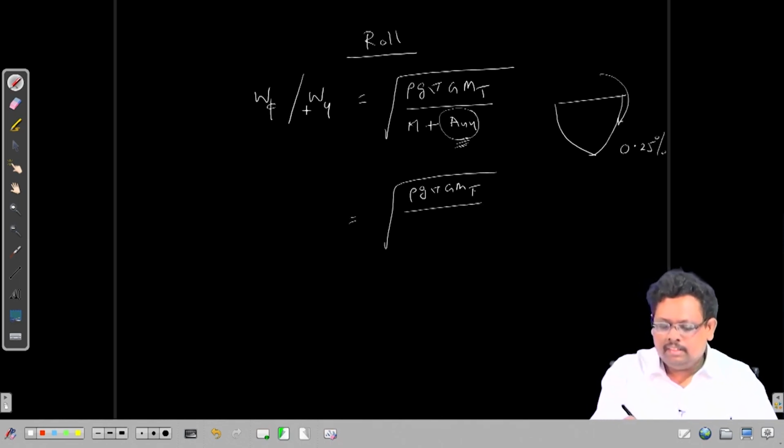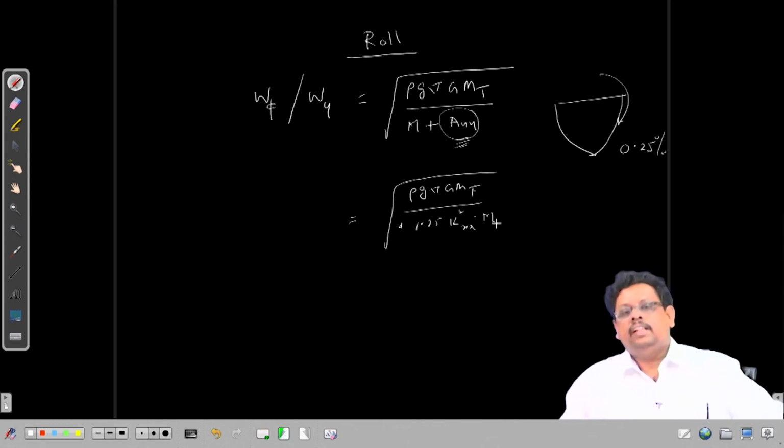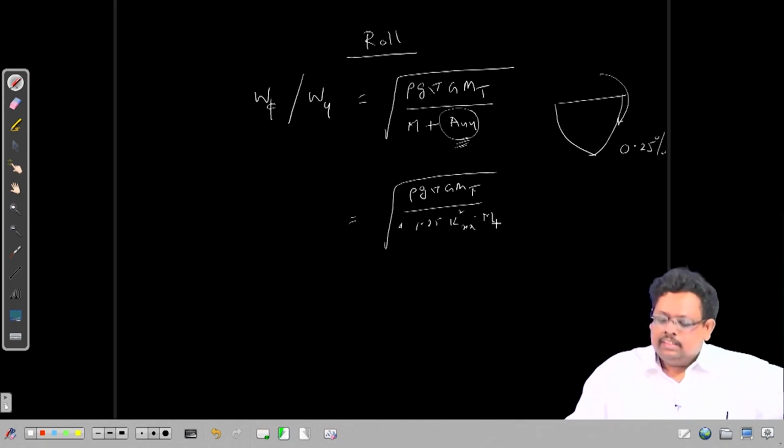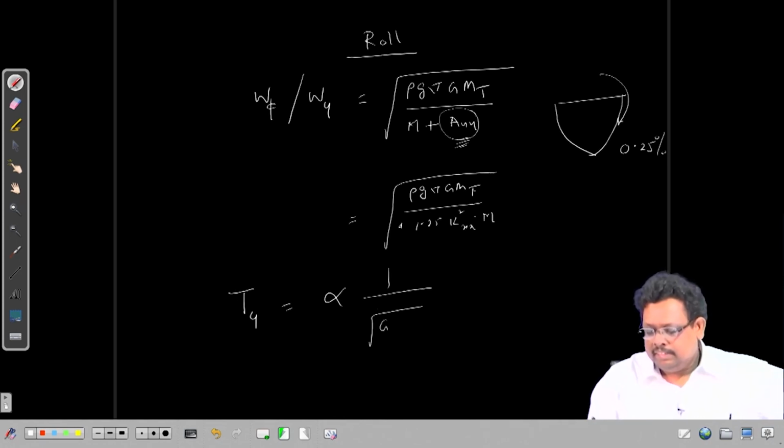Okay, I missed it. Let us say it is 1.25 into k x x square into m, something like this. Also, you can find out that the time period T4 varies as 1 upon square root of g m t.